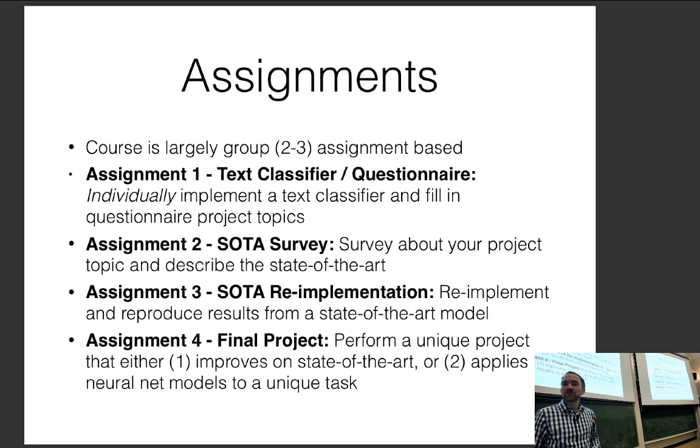Then the final project is to perform a unique project that either improves on the state of the art or applies neural models to a new unique task. When I say improve on the state of the art, I mean taking what you did in assignment 3 and making it more accurate, making it faster, maybe making it more interpretable if you can convince me what more interpretable means, for example. But everything will have to be quantifiable.